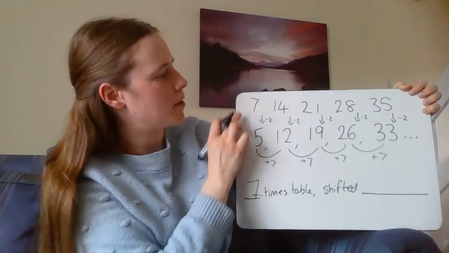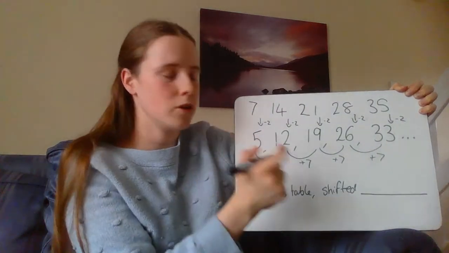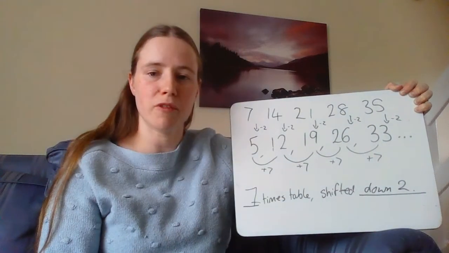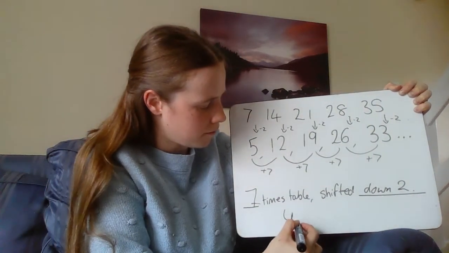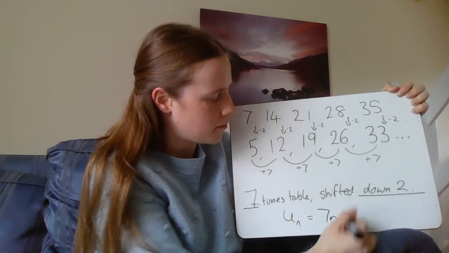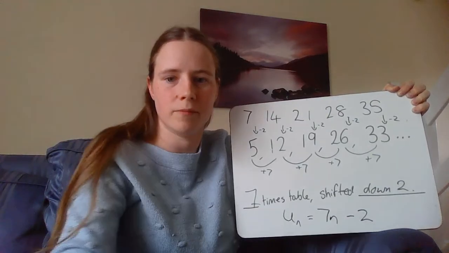So I can describe this sequence as the 7 times table that's been shifted down 2. So my formula for u_n, term number n, is going to be 7n minus 2. 7 times table shifted down 2.